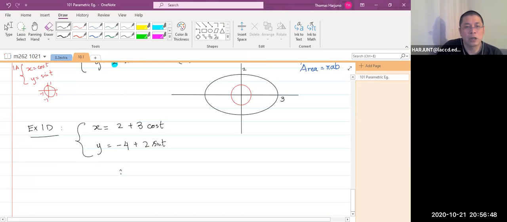You will see that if I isolate the cosine t, it will be (x minus 2) over 3. And sine t will be (y plus 4) over 2.